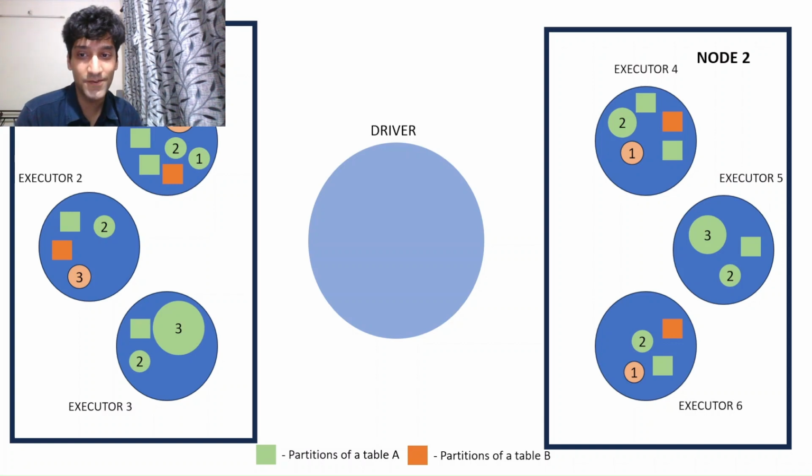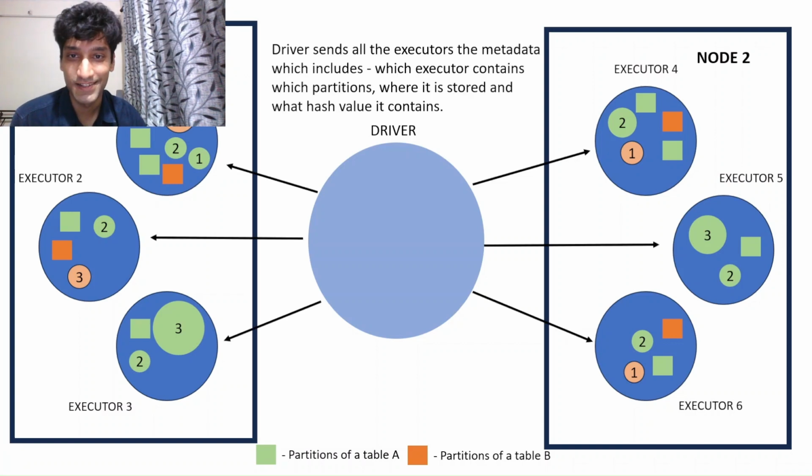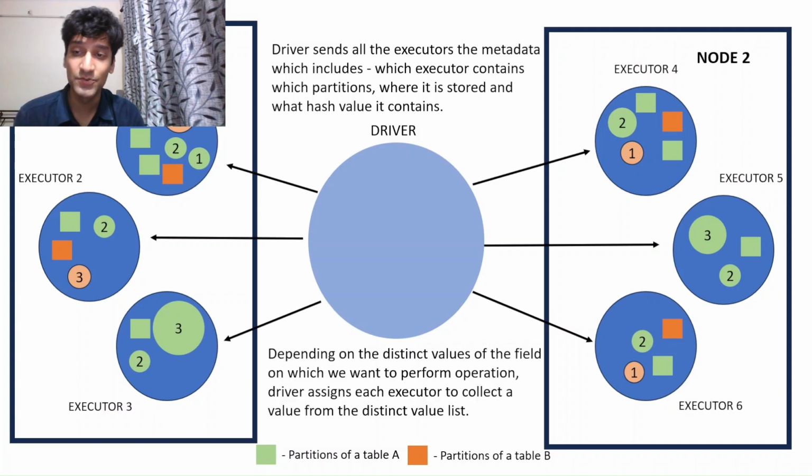Now what the driver will do is send the metadata to all the executors about which executor contains which partition or shuffle files, where it is stored, and what hash value it contains. The second thing the driver will do is assign a certain executor a hash value to fetch.